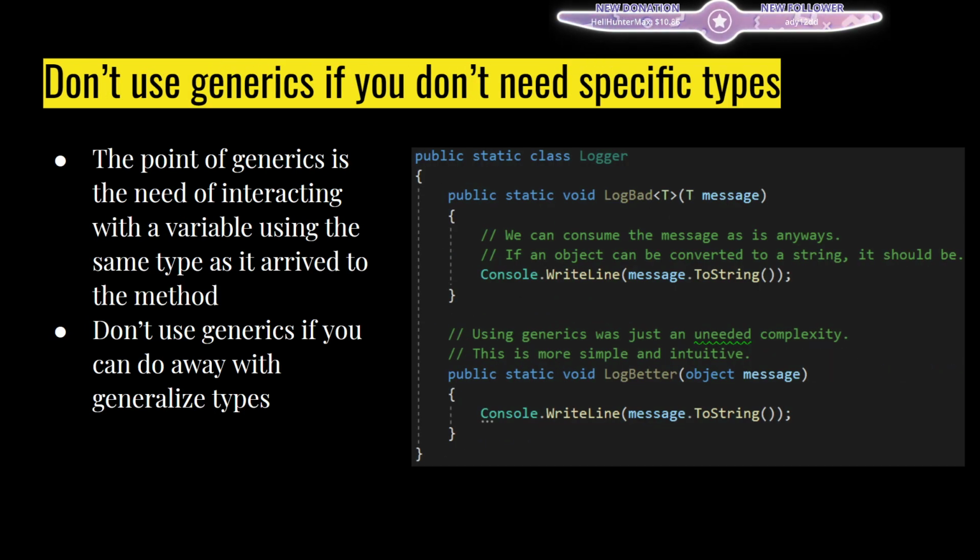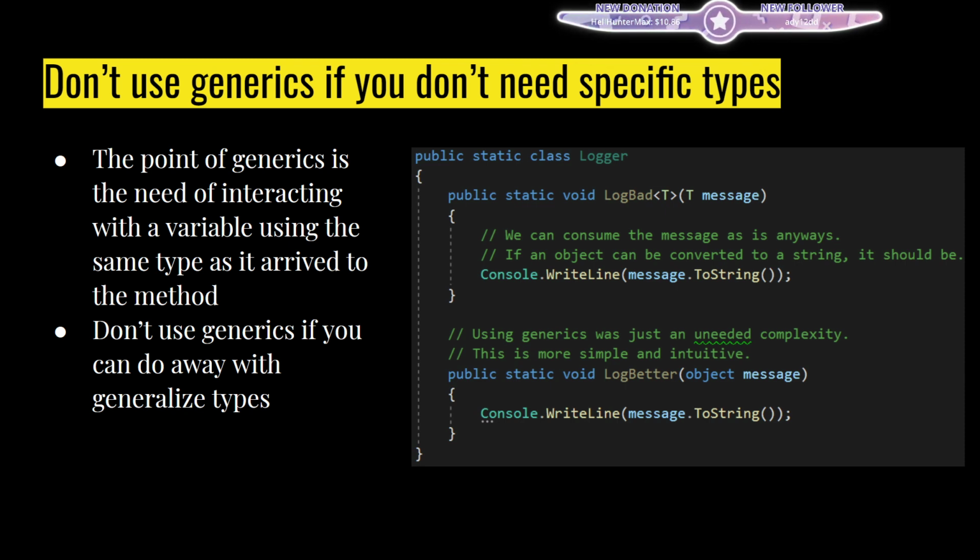The next step would be to not use generics if you don't actually utilize generics. And this is actually sometimes, even a senior makes a mistake like that, without putting too much attention or forgetting what is the purpose of generics. So for example, if I'm logging something and all I need is to call toString, toString exists for every type. It comes from object. So everything has a toString method. So if I need toString, then I don't need generics because I don't utilize the genericness of the input variable.